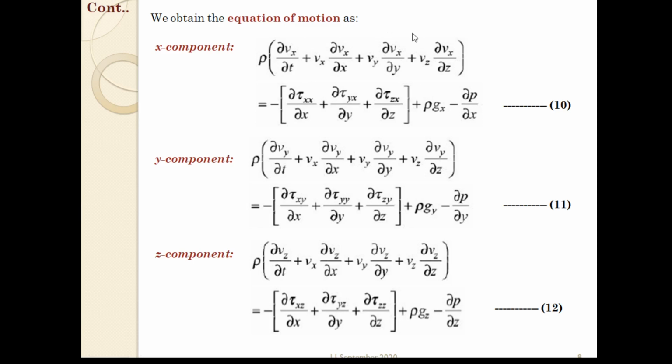Then we have the conductive term, that is minus divergence tau, plus the rho g term, then again minus divergence of p. Why divergence of p? Because we have del p x, del p y and del p z. So this is the equation for the x component, y component and z component.